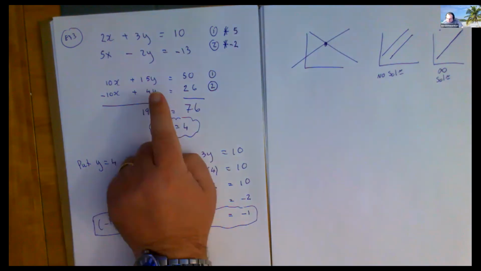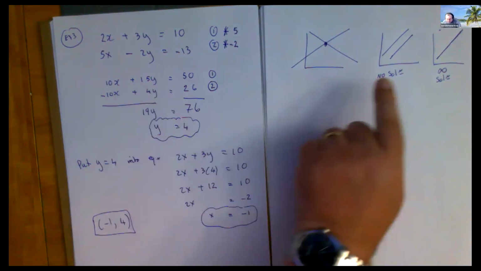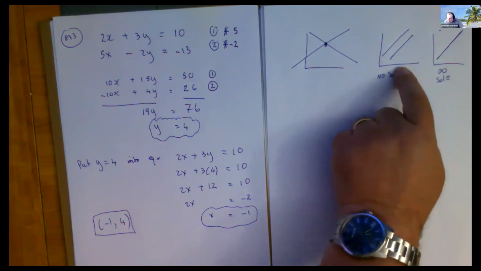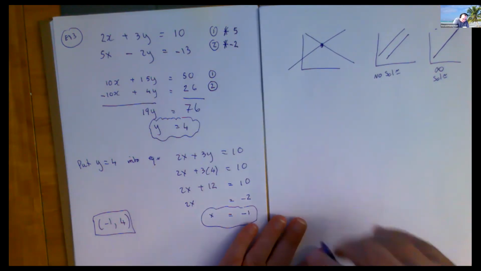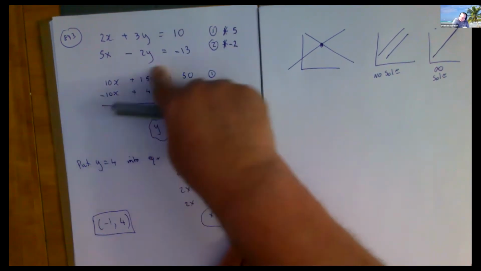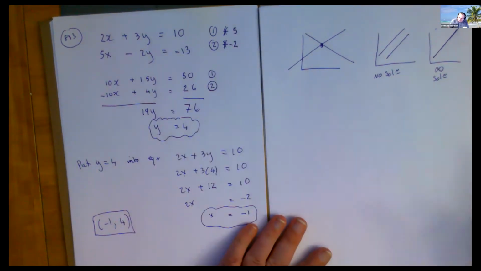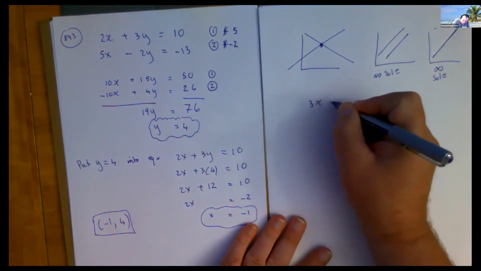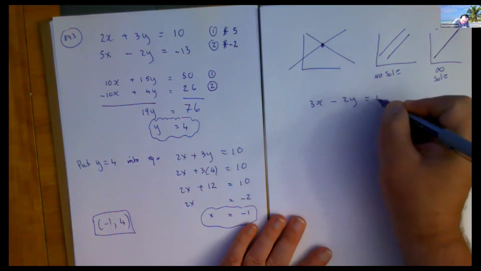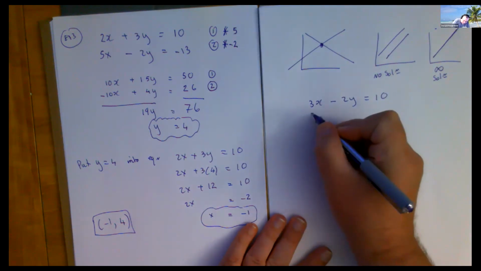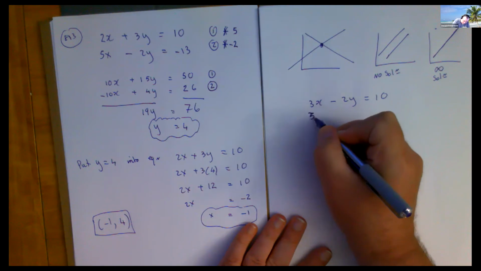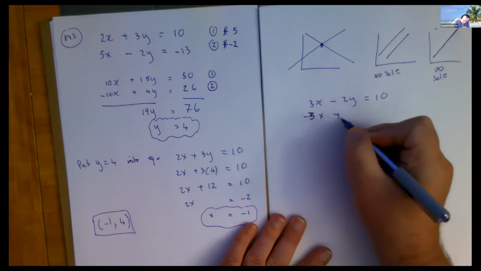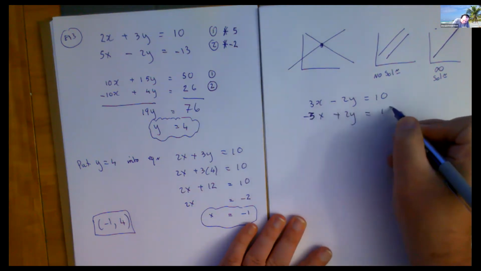So what will this look like algebraically when these happen? So let's look at them. I'll show you very simple examples, because you do the same method that you're doing here. If I did awkward numbers, it would work as well. So let's suppose I had 3x take away 2y is 10, and I had negative 3x plus 2y is 15.